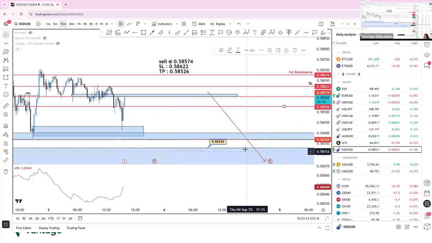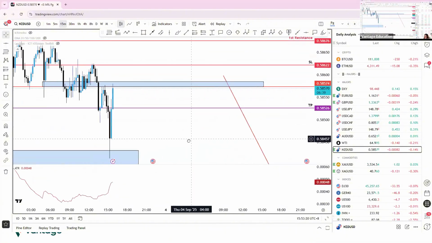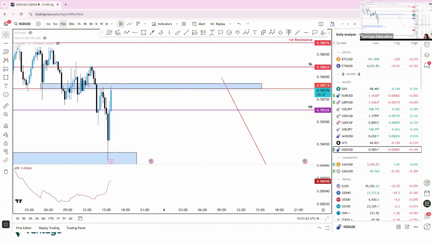Meaning if just now I sell at the market price, the red color one, here I am in for my take profit, that's 5 pips and 5 pips there. Okay.